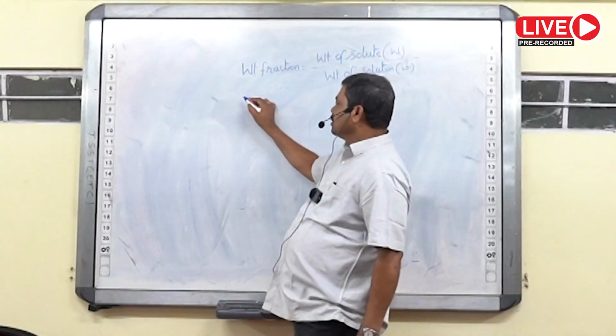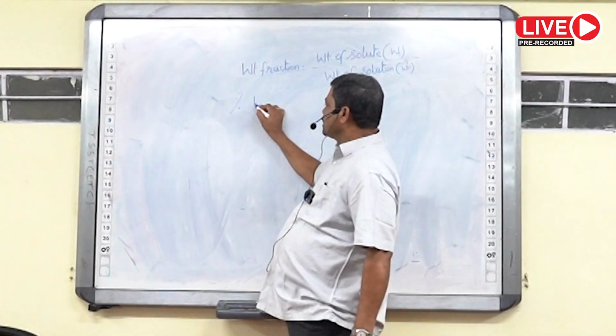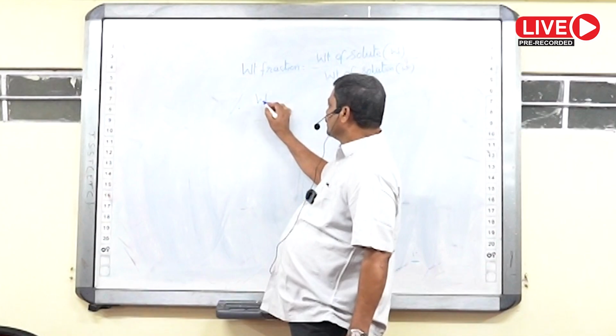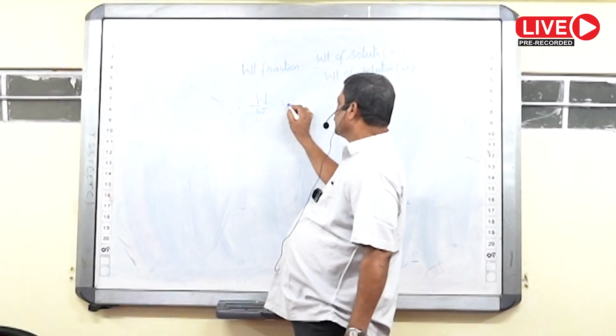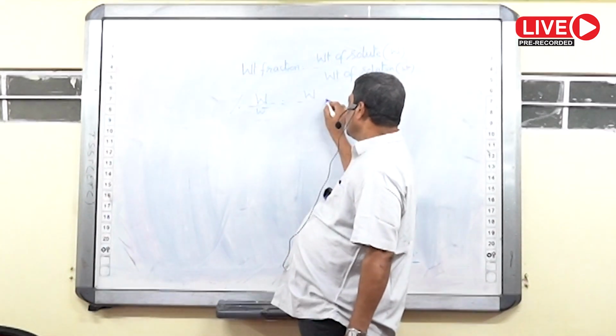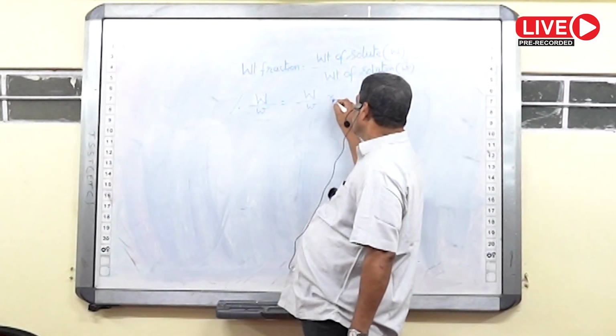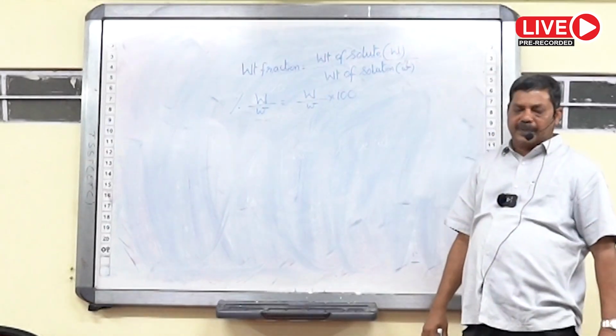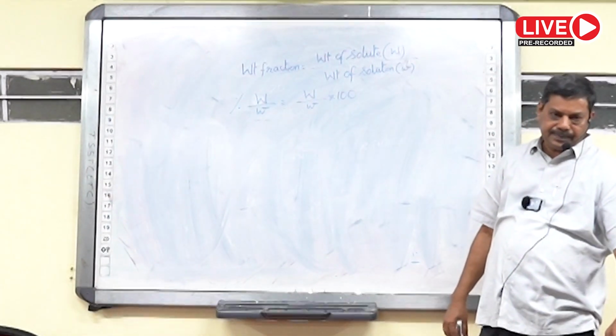Suppose if you want percentage W by w, it is W by small w into 100. This is called percentage W by W.